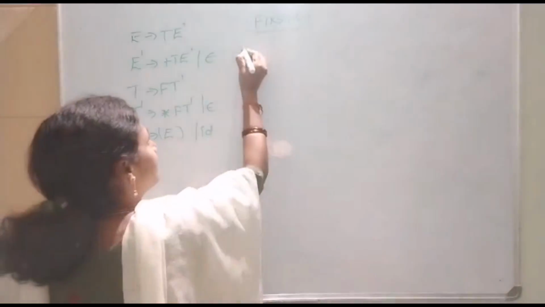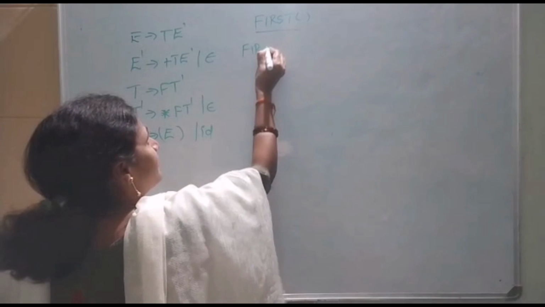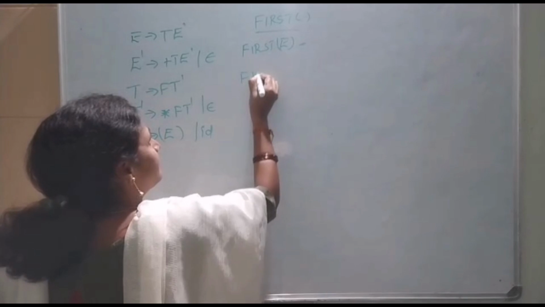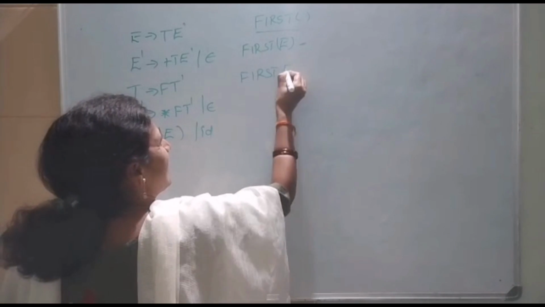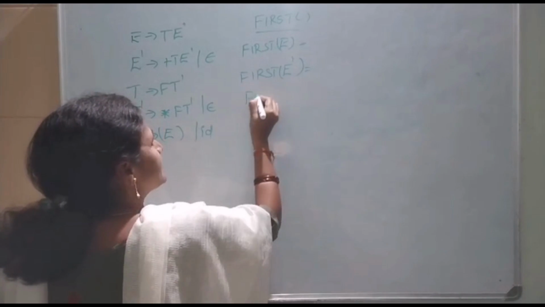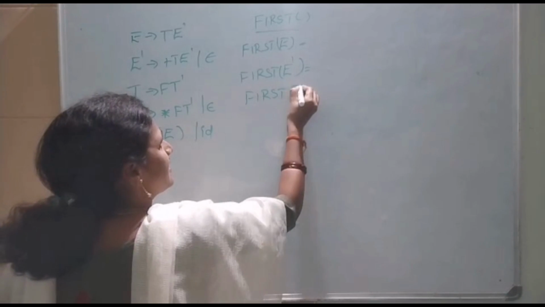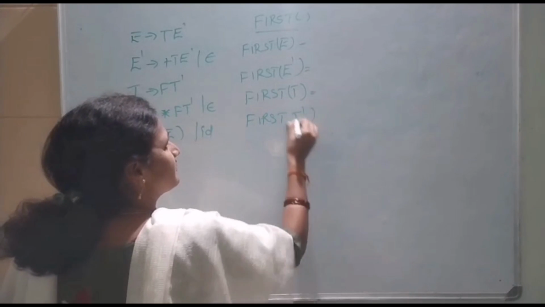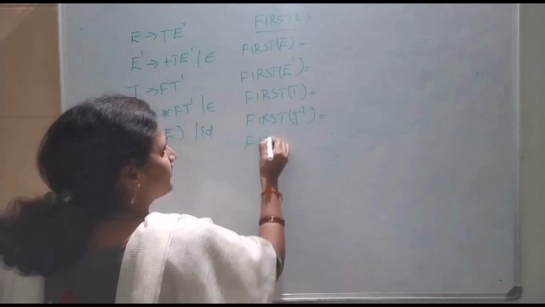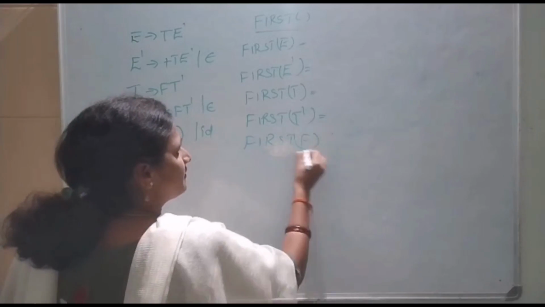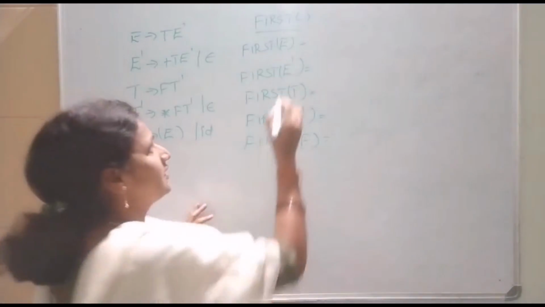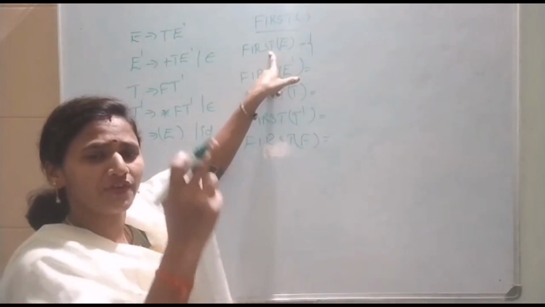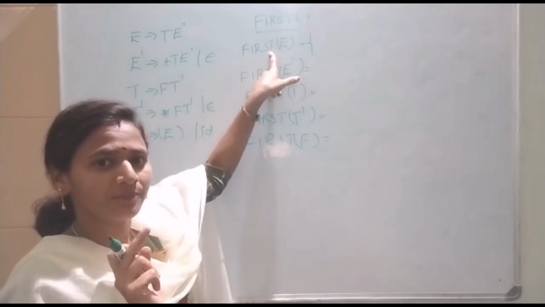First we should write that: what is first of E, first of E dash, first of T, first of T dash, and first of F. While we are computing the first function for all the grammar symbols, you have to check.